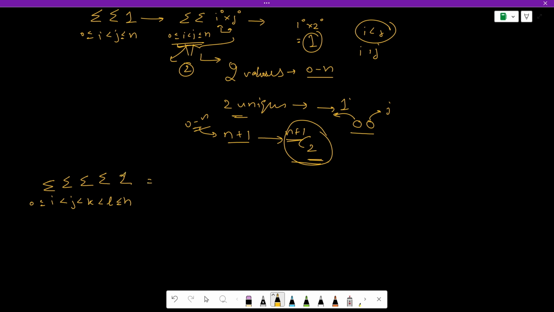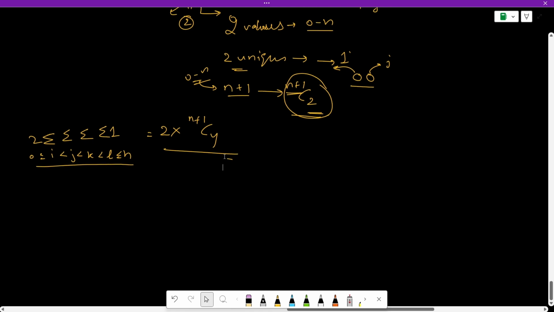Let's write the summation of 1 and 2 outside the summation. Now it is the same question. We have to choose 4 numbers from n plus 1 numbers. So that will be 2 into n plus 1 C 4, and this is the answer.